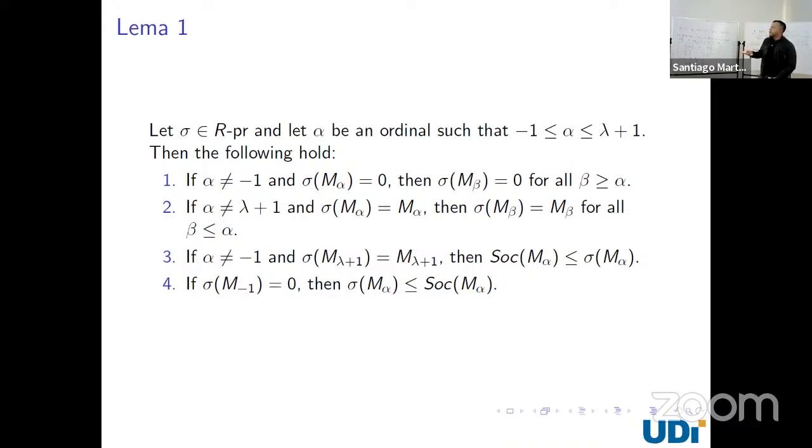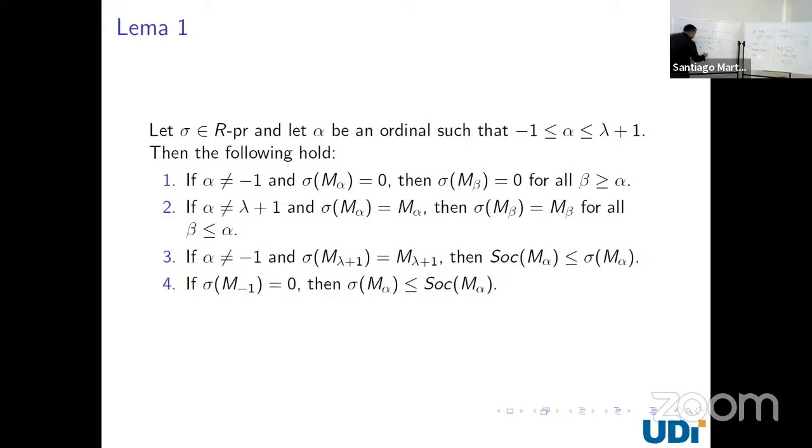The second one says, if we don't take the last module, and it happens that it leaves the module m alpha fixed, then it is going to leave fixed all of these. So how does this work, going back here, these two properties can be seen like this. For example, if we take a radical sigma, and for any reason this radical annihilates this one, then it is going to annihilate all the modules after this module.